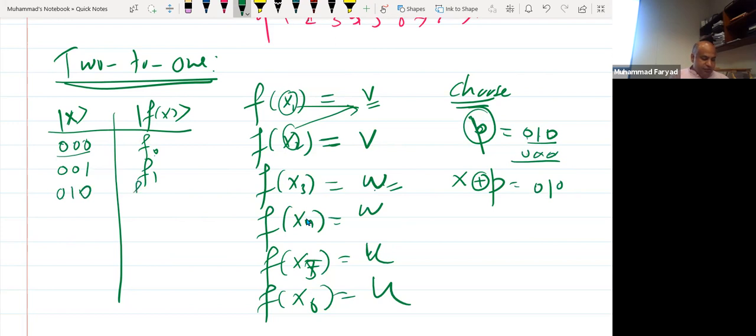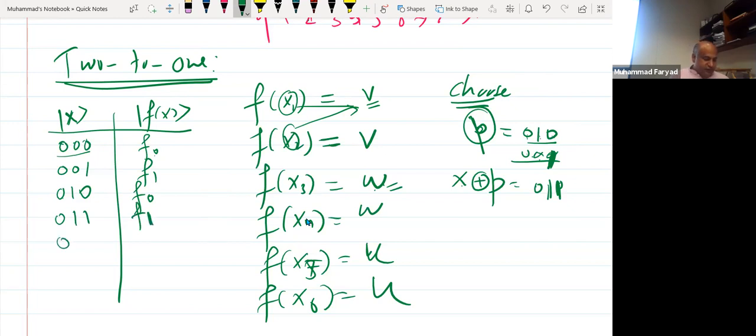For this input, the function gives the same output. Similarly, for this 0, 0, 1, if I XOR it with p, I get 0 plus 0, 0 plus 1 is 1, 1 plus 0 is 1, so 0, 1, 1. For 0, 1, 1, I get the same output as f1.